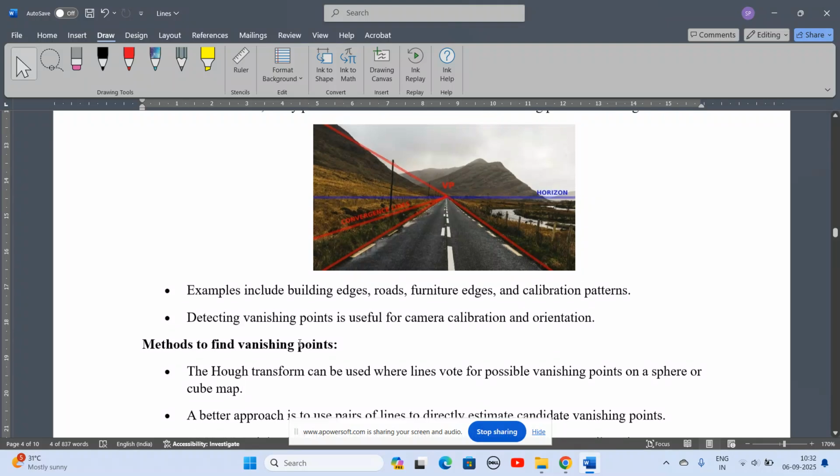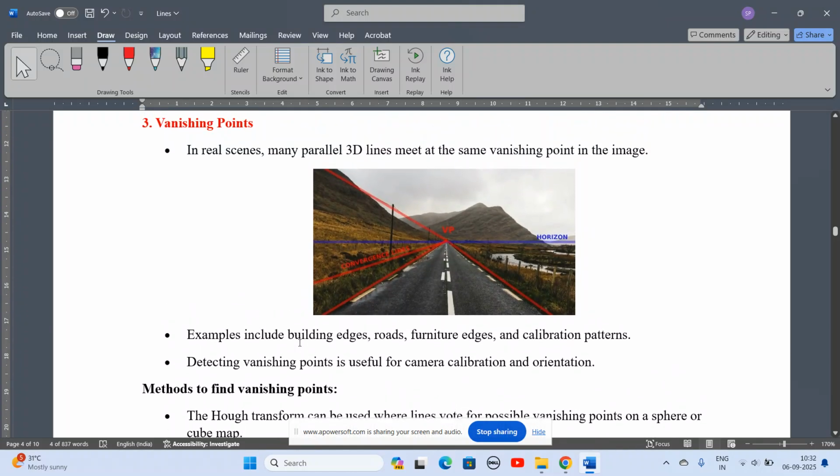The last concept is the vanishing point. First, understand the vanishing point. In this image, we have parallel edges. The road is given. In real life, the road will not vanish, right? But in this image, the sides of the road are parallel lines, continuously straight. If you take a picture, at one point in the image it ends.